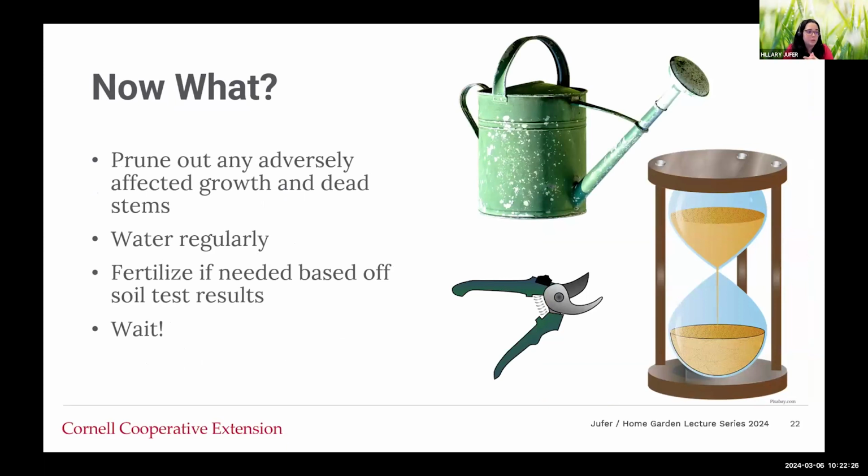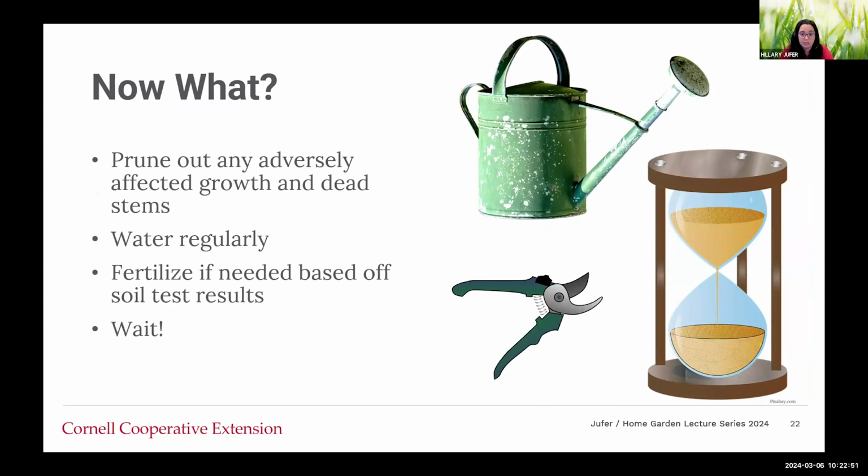Now what do you do? You're going to prune out any adversely affected growth and dead stem. New growth will cover what you're seeing, so know that you do have time. It will be okay. And if the new growth hasn't come out yet, you can just scratch the bark of the affected branches and look to see if it's green.